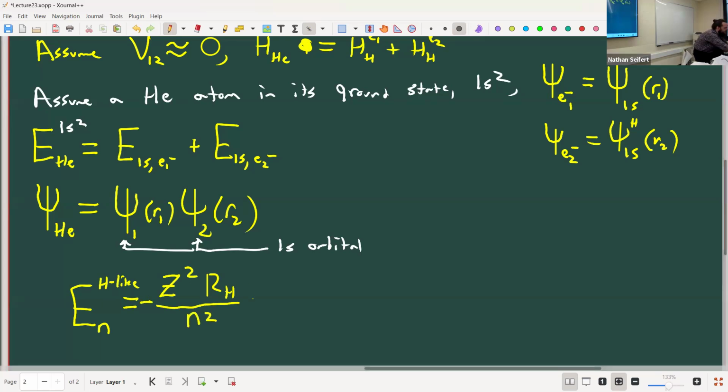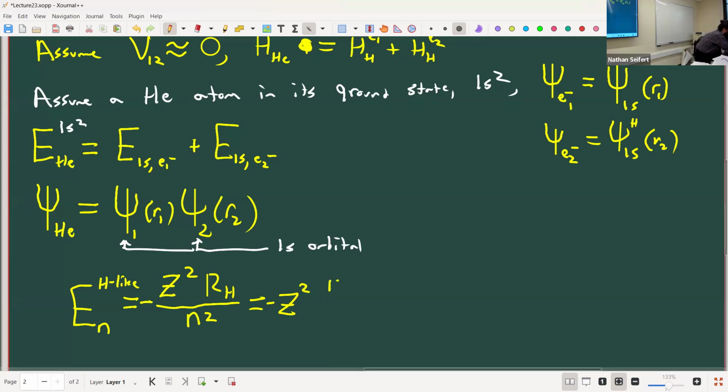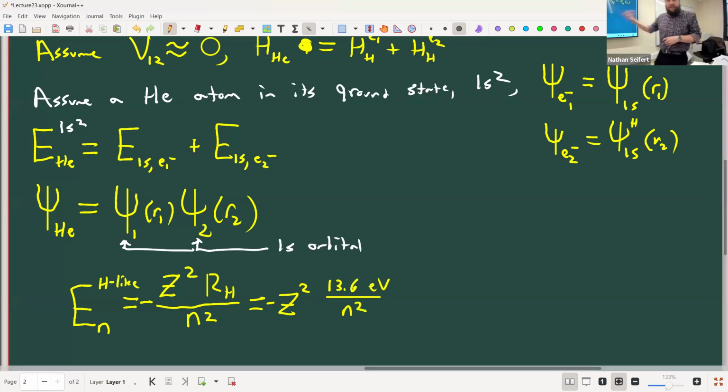And so we'll just say minus Z squared times 13.6 eV divided by n squared. Right? 13.6 eV is that Rydberg constant, which is 109,600 wave numbers. I'm just converting it to a smaller number. Right? And Z is the charge of the nucleus.